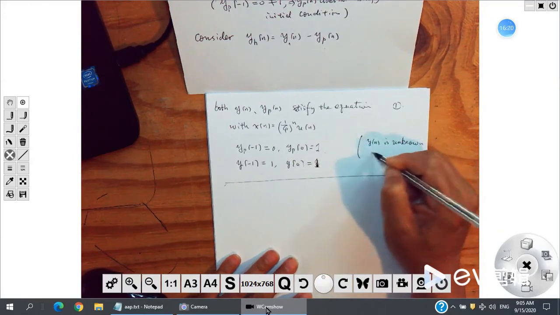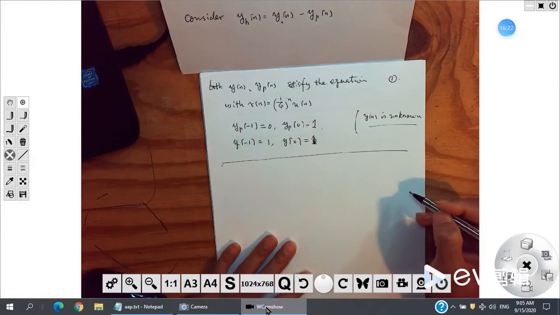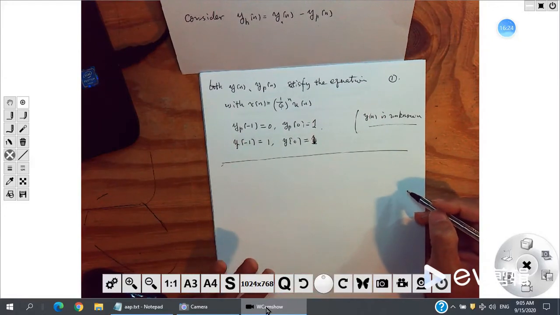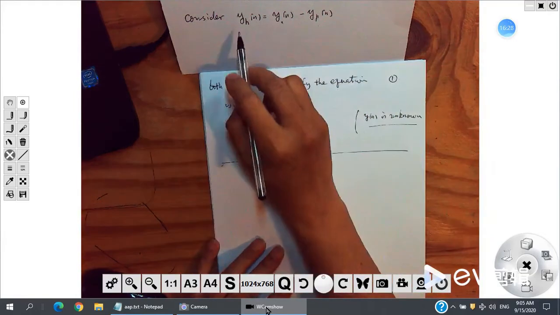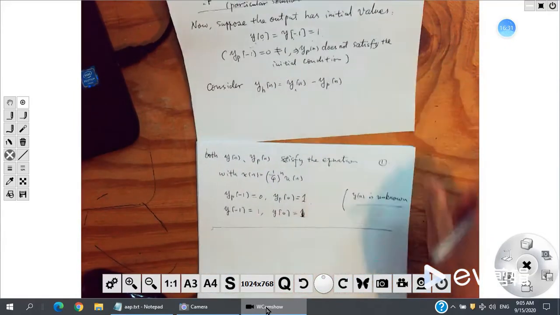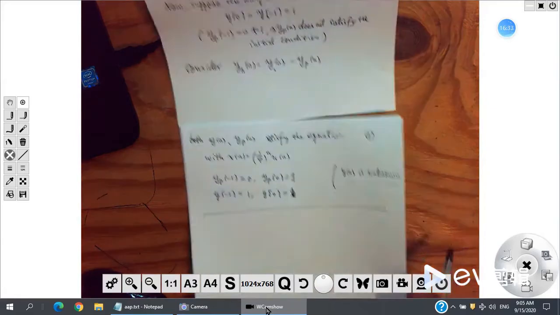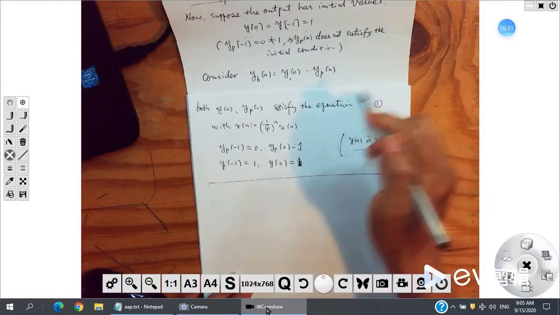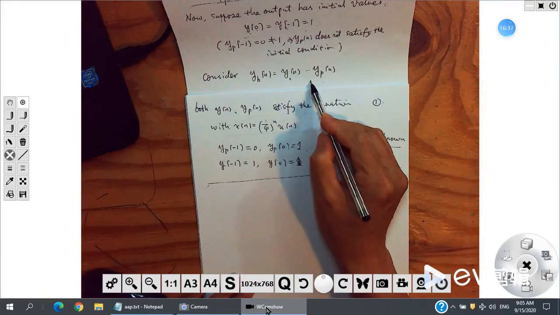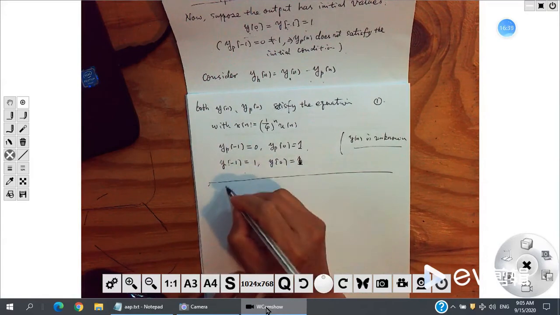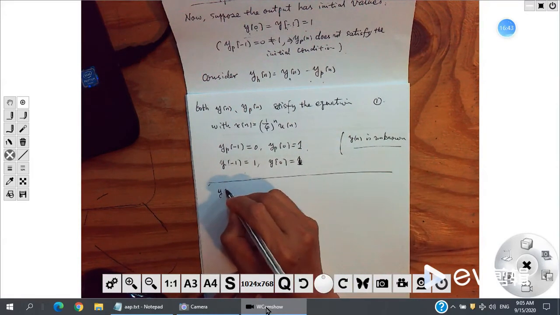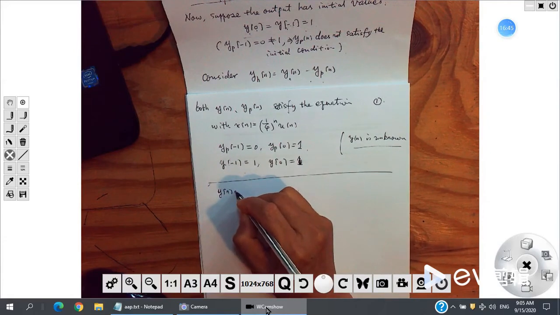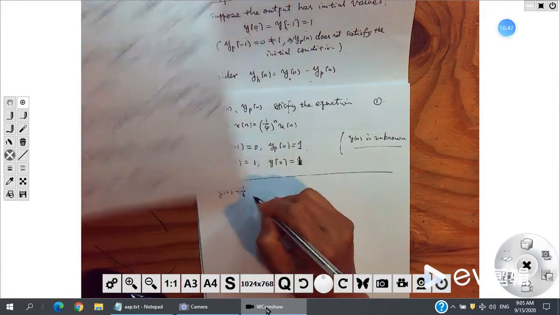We don't know what is y so far. Okay, we know it is linear, right? So we can combine these two. We consider the subtract, right? Subtract y minus yp. So y minus yp, we will have, you see, this equation 1 in this one. y of n plus 1/6 is here, right?